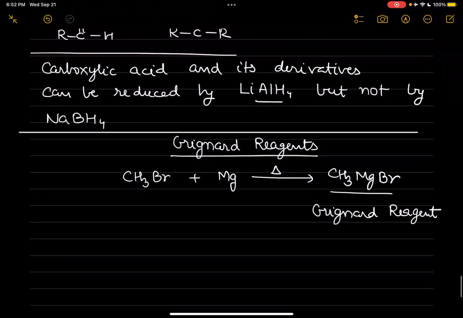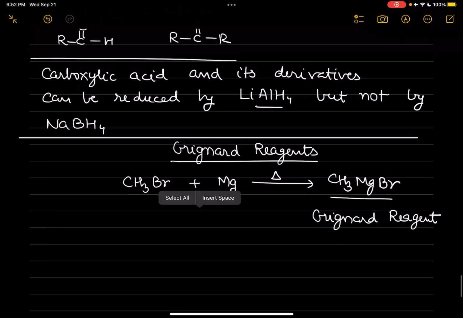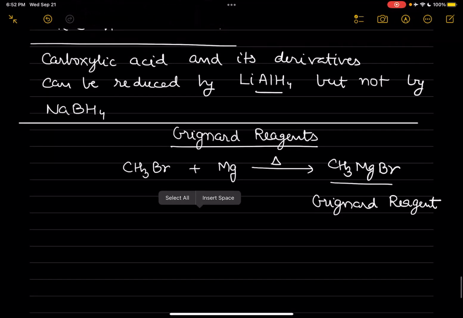Does Grignard reagent have a carbon metal bond? Yeah, there is a carbon metal bond. So these Grignard reagents are in the category called organometallic compounds.